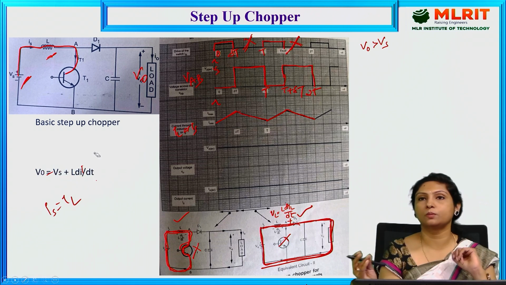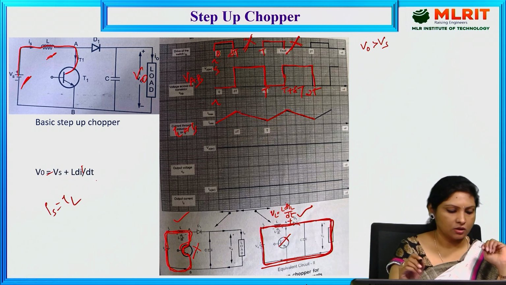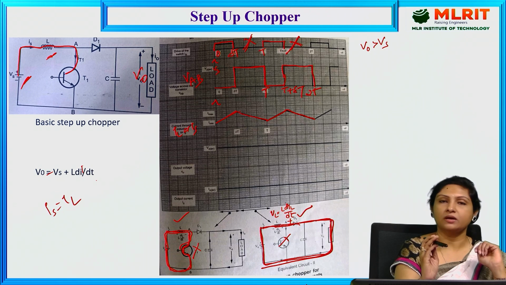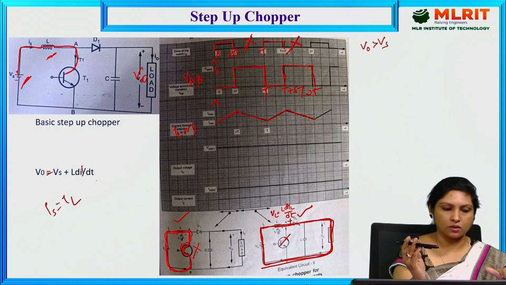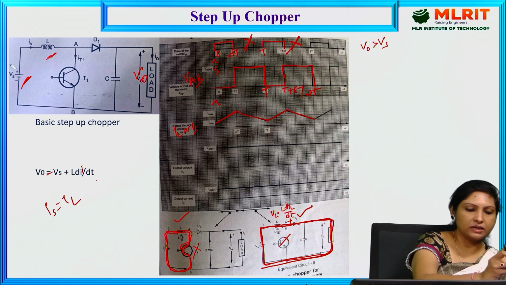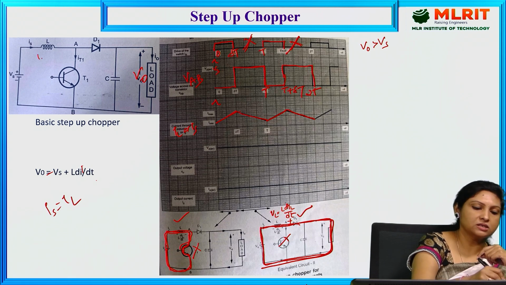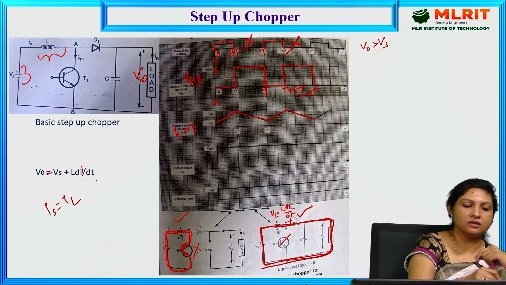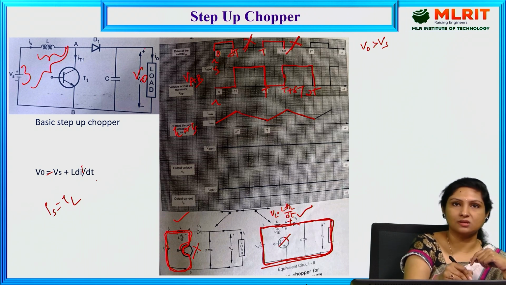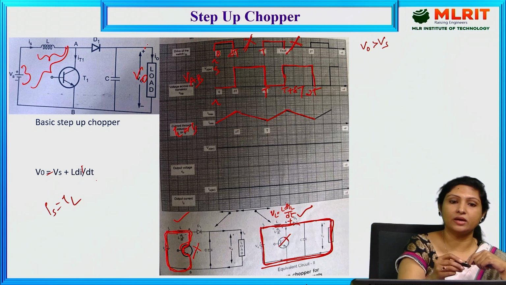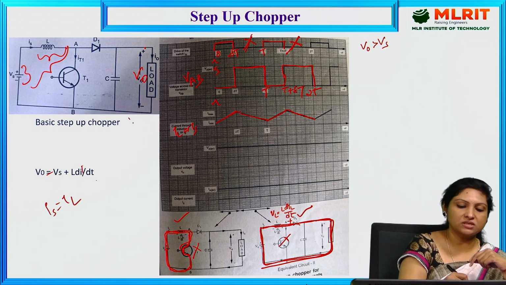Hope you understood my point. And here, when the transistor is on, the inductor voltage is added to the supply voltage, and the combination of these both is what appears across the load, and that is how we are getting the output voltage which is greater when compared to the supply voltage.